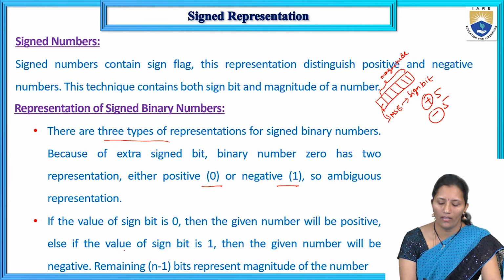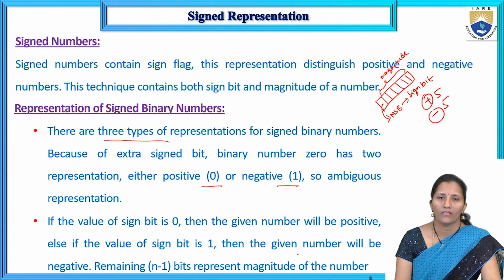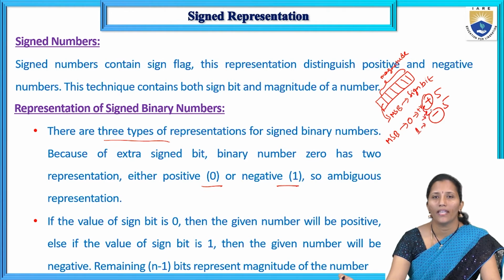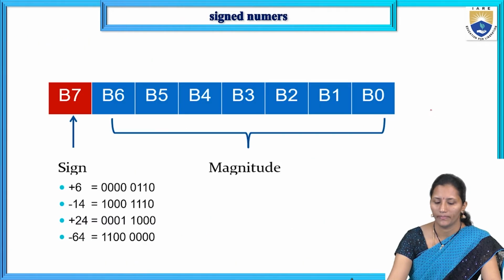Else if the value of the sign bit is 1, then the given number will be negative. The remaining n minus 1 bits represent the magnitude of the number. If the MSB is 0, the number is positive; if it is 1, the number is negative.